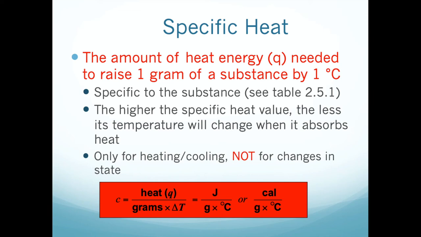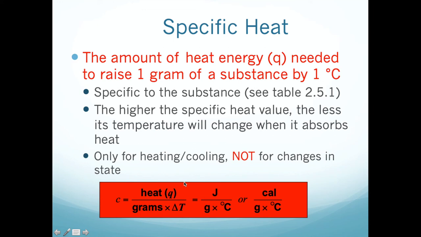It's going into raising or lowering the temperature. Specific heat capacity, represented with the lowercase letter c, can be given in units of joules per gram degree Celsius or calories per gram degree Celsius, depending on what you're using for your units of heat.